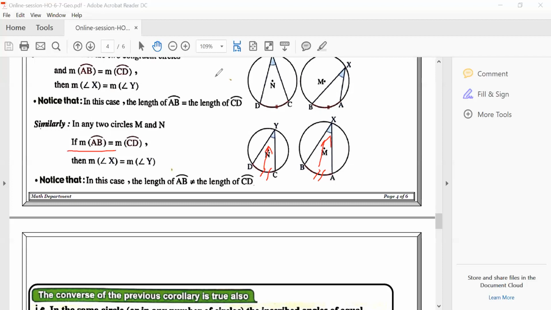Given that is enough to make the inscribed angles equal. But the difference in this one, the length will be different. ليه the length will be different? تفتكروا why the length of the arc of AB will be different than the length of the arc CD? Because something has changed.